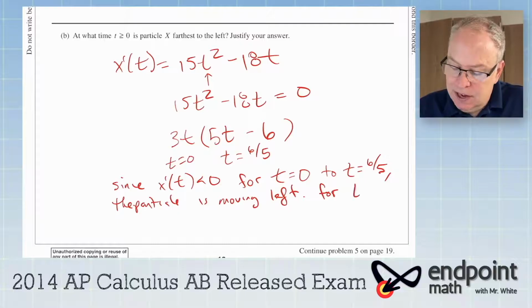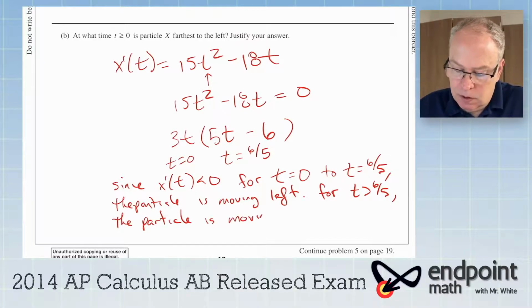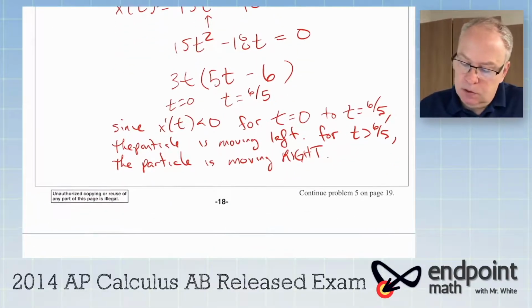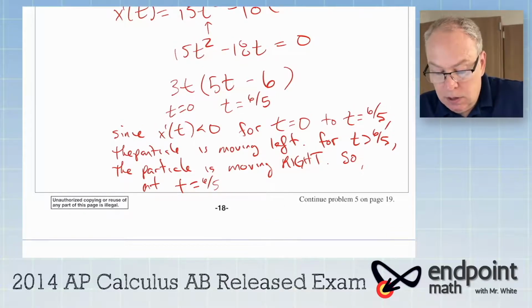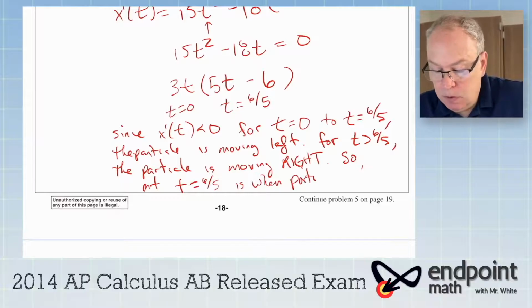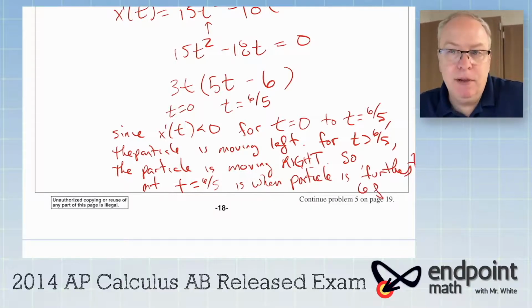For t greater than 6/5, the particle is moving right. So, at t equals 6/5 is when the particle is furthest left.